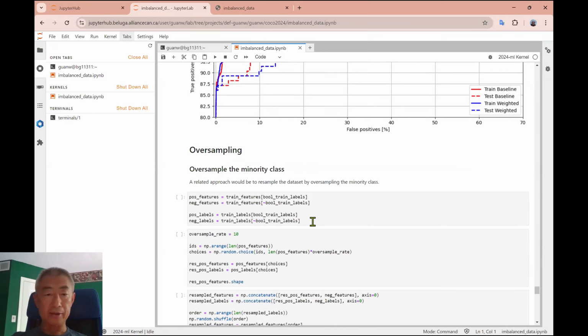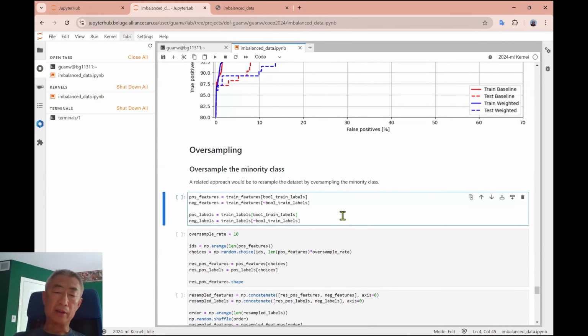Next, I'm gonna check the last strategy. It's called resampling. You can either downsample the negative samples or you can oversample the minority class. So here I'm gonna oversample the minority class.